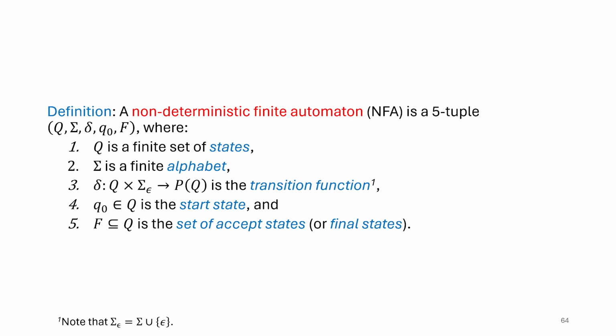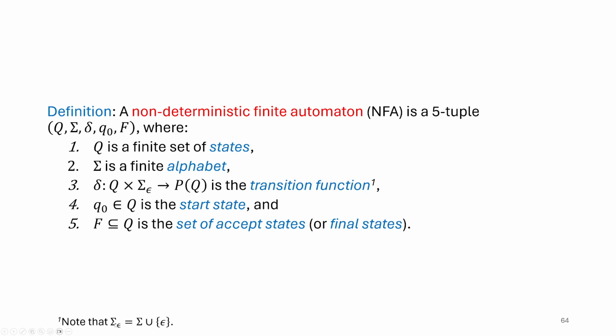And maybe this part makes sense because in the deterministic finite automata, we said there has to be exactly one transition for every state and symbol pair. Well, that's not what we're saying anymore. We've changed two things here. One, we changed sigma to sigma epsilon. What does that mean? There's a little note here at the bottom.